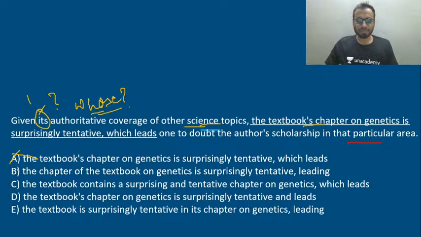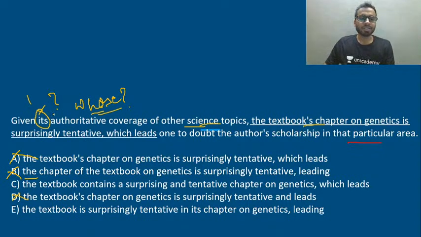So we eliminate option A, we eliminate option B, and we eliminate option D. Now we're left with C and E. We're not going with option B because here we are talking about the textbook.